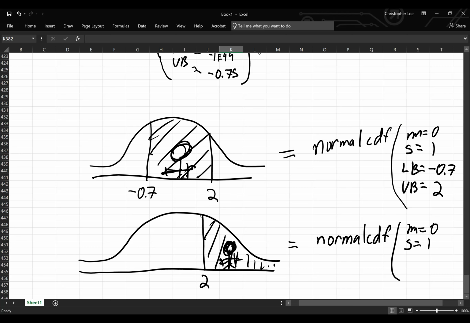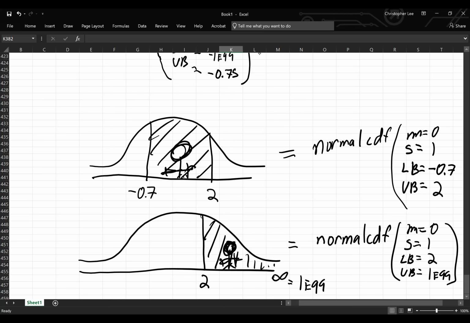So my upper bound is going to be infinity. Remember, infinity is what? It's the 1E99. So lower bound will be the 2, upper bound will be the 1E99. Enter, and then that'll be the answer for that.